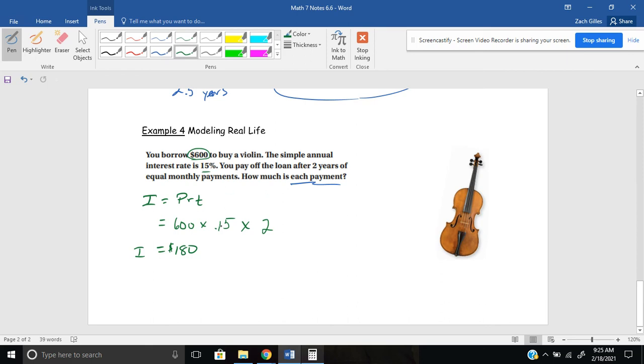So that means after 2 years, I've paid $180 for interest, right? This is the interest. So let me ask you, if I had to pay $180 in interest plus the $600 to buy the violin originally, how much money did it actually cost me?